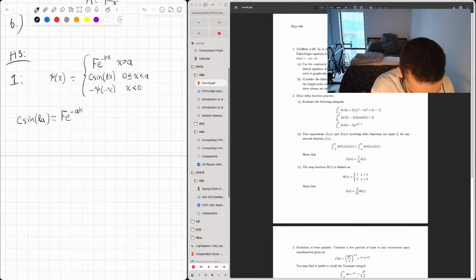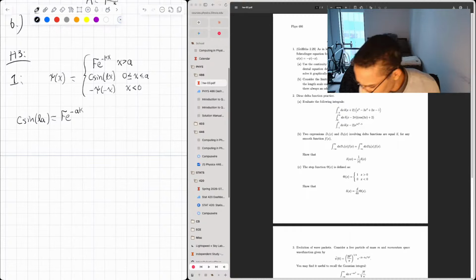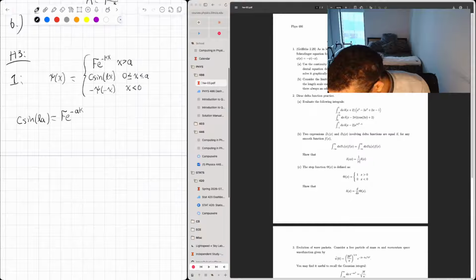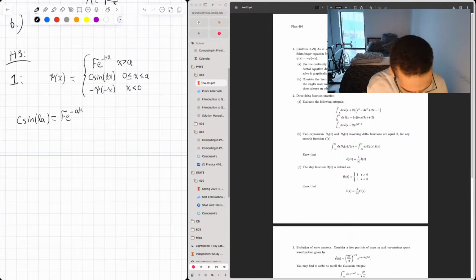Okay, but maybe more importantly, wait, let me try to recall. Something's supposed to equal like 0 or something. Oh, you know what? No.